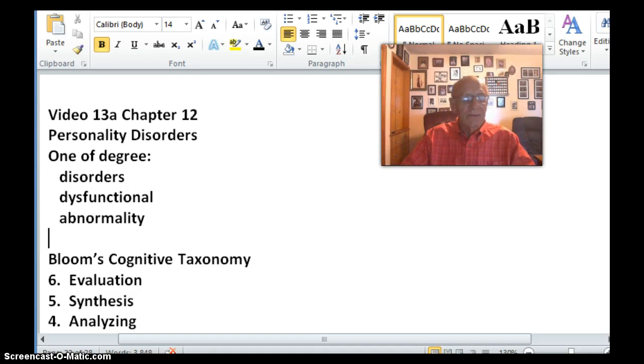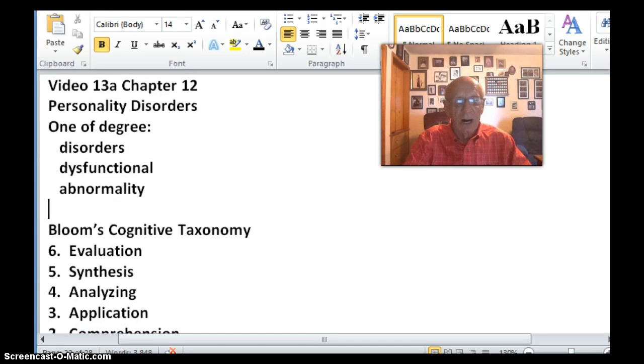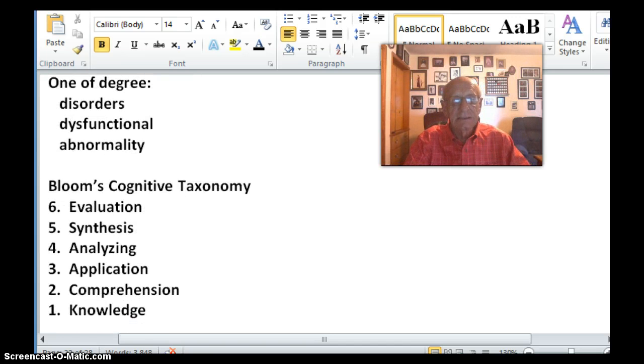But continuing on with the class, I have done a great deal of thinking about this: a class is always, in some aspect, based on Bloom's cognitive taxonomy.